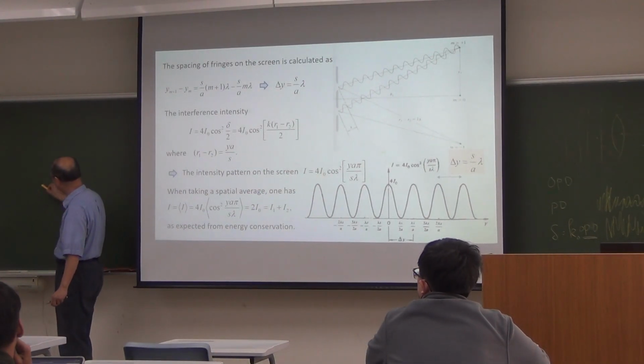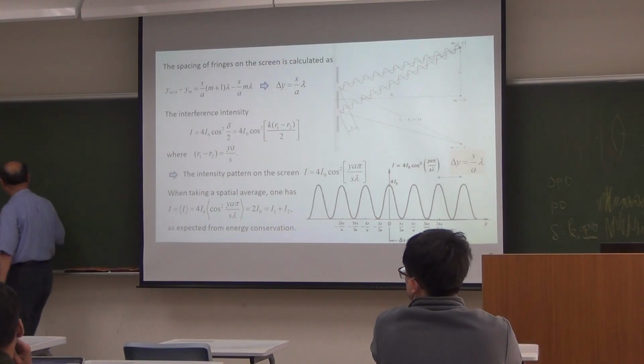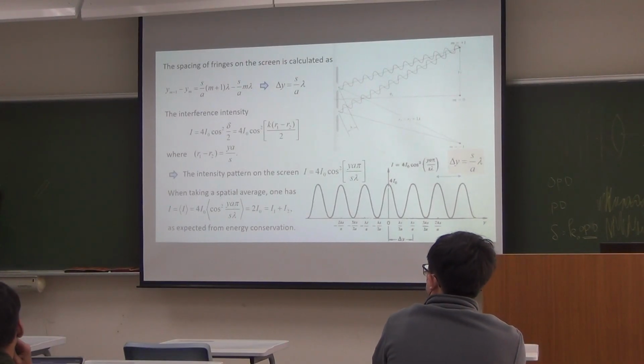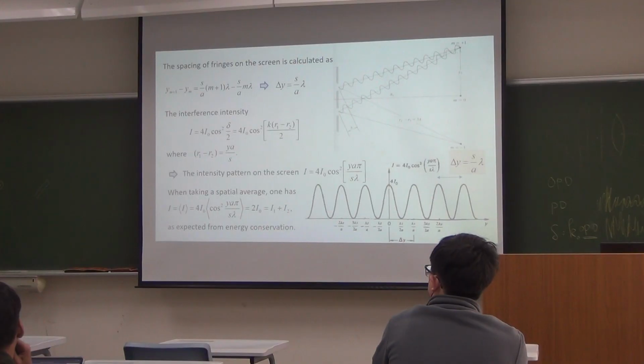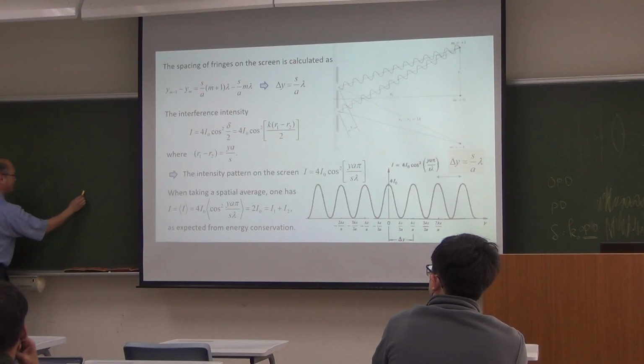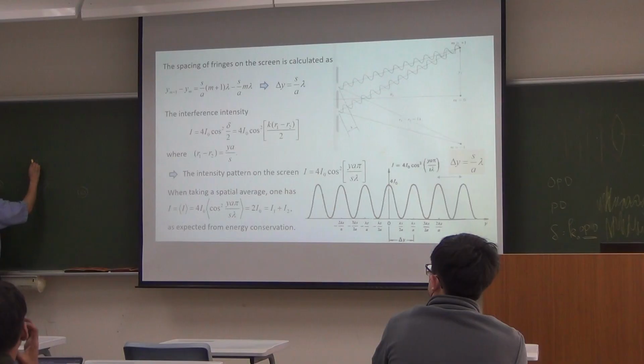If I have a beam splitter like this, and you have a coin, and then you split this one coin along this direction and along this direction, and then you have a reflector, and come back along this direction, and come back along this direction, then you will have two coins that look exactly the same.